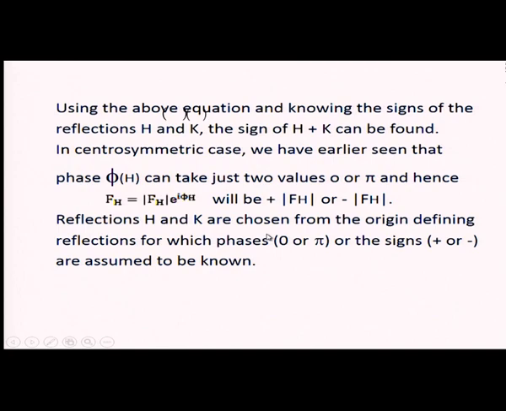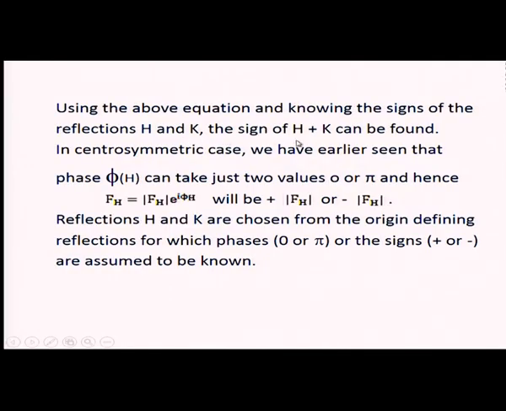Using the above equation and knowing the signs of the reflections H and k, assuming two signs to be known, I can find the sign of the third reflection, which is obtained by simply adding H and k, right.